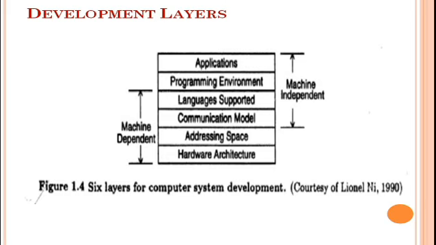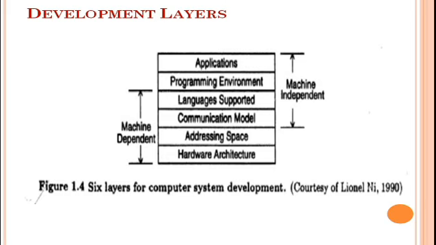On the other hand, we want to develop application programs and programming environments which are independent of machine architecture. The user programs can be ported to many computers with minimum conversion cost here. High level languages and communication models are dependent on the architectural choice made in a computer system.